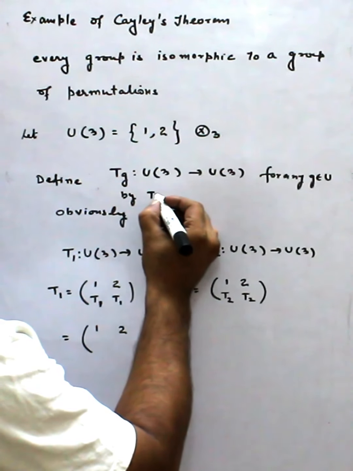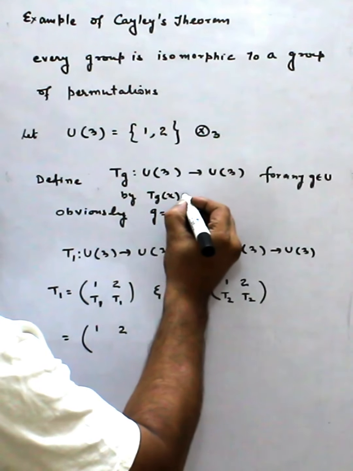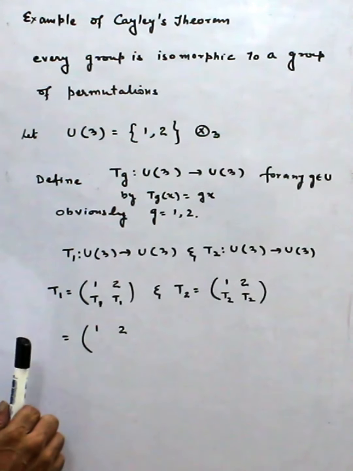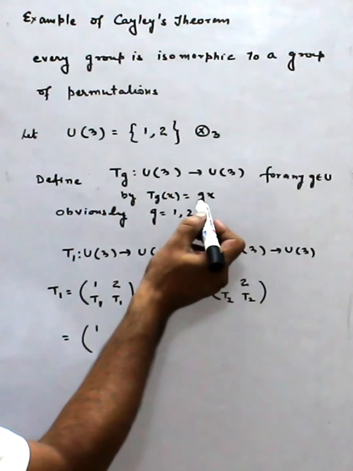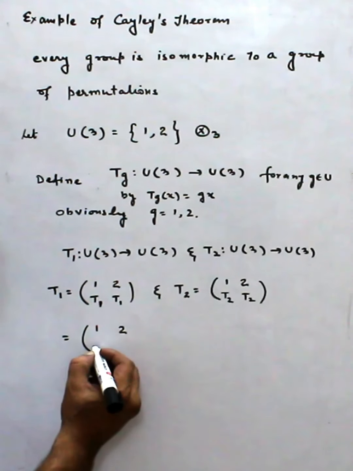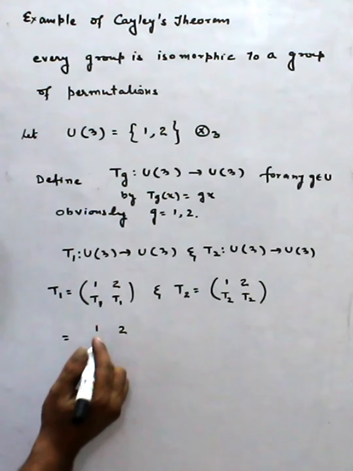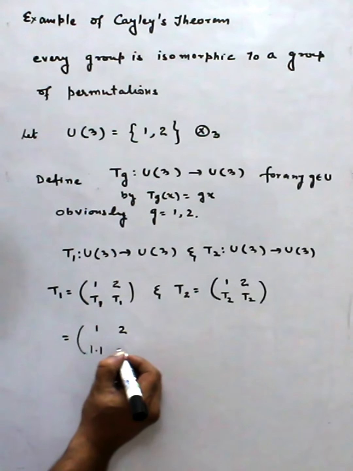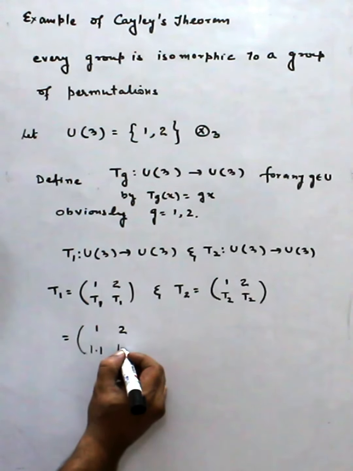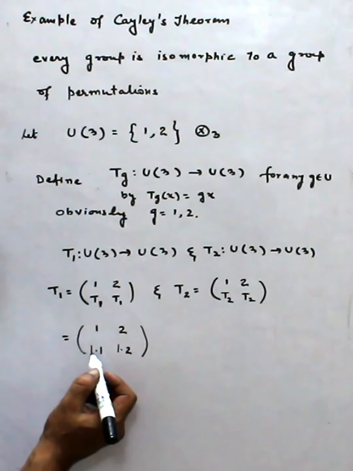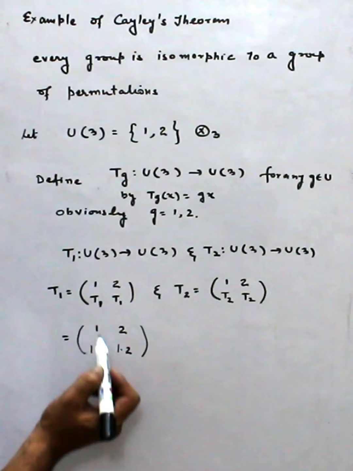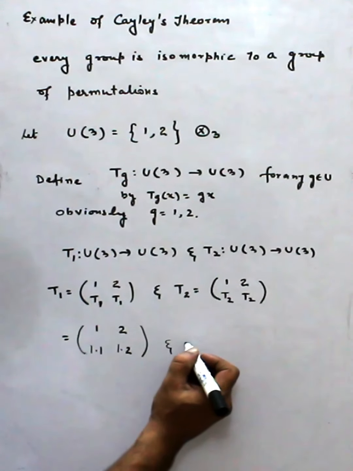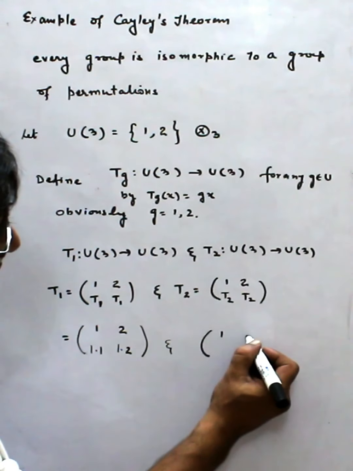Tg x is equal to gx. Now what is gx? I write 1 into 1 and this is 1 into 2, because g is 1 and over 2 elements. Similarly this is 1 2.